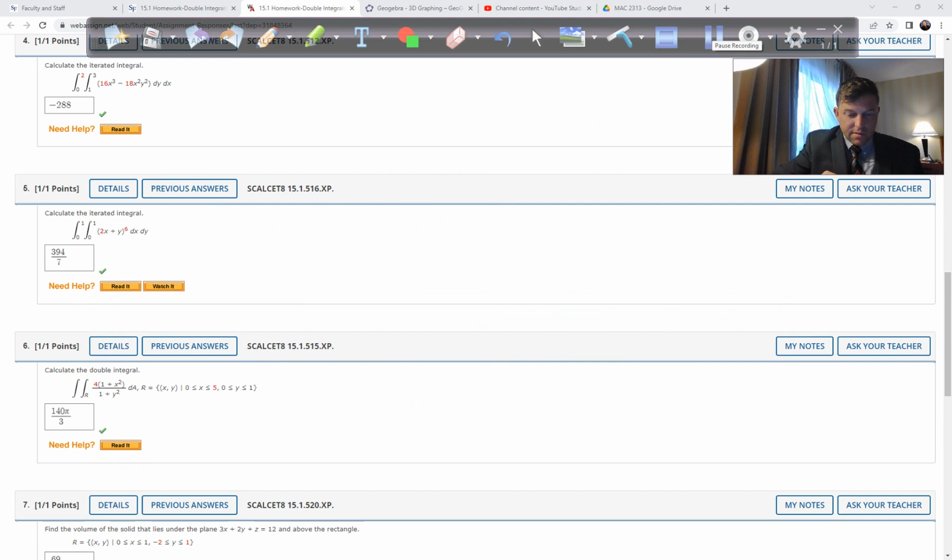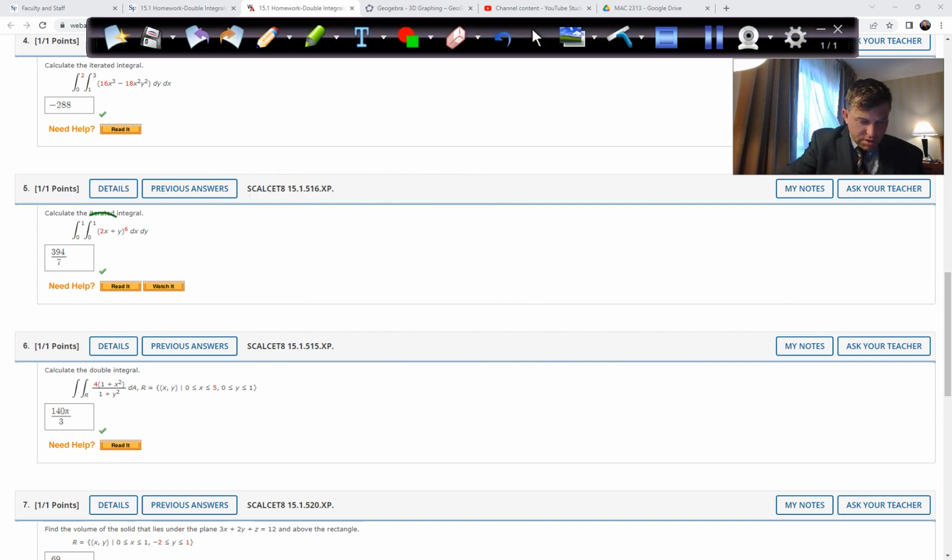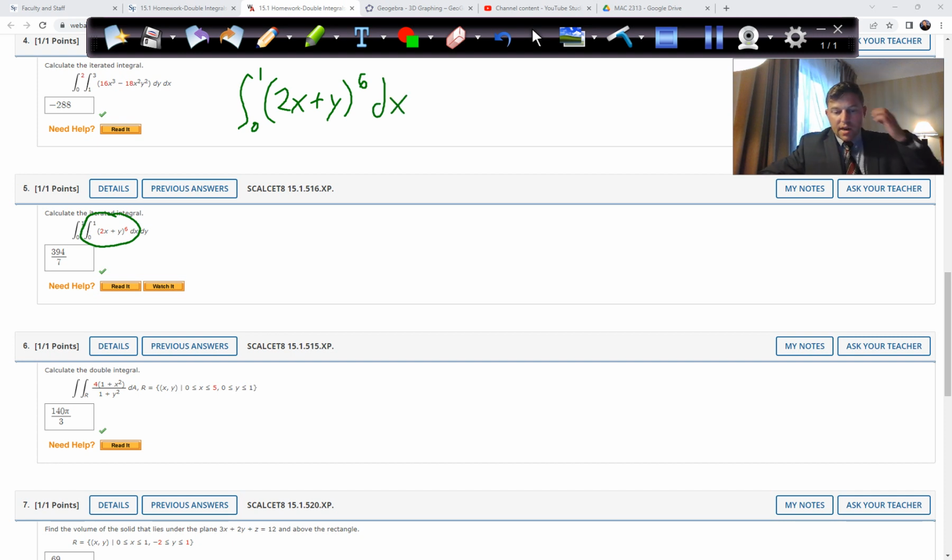Okay, problem 5. Let's again just do this one chunk at a time. So let's do this antiderivative first, the inner one, 0 to 1, 2x plus y raised to the 6th dx. Now, unfortunately, you can't do this antiderivative without something that we call u substitution.